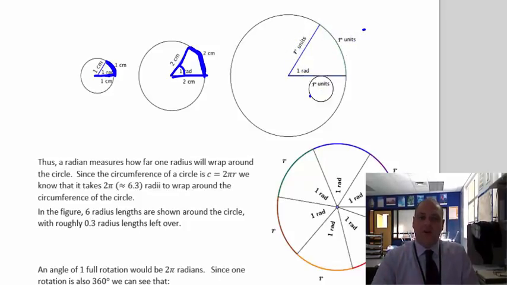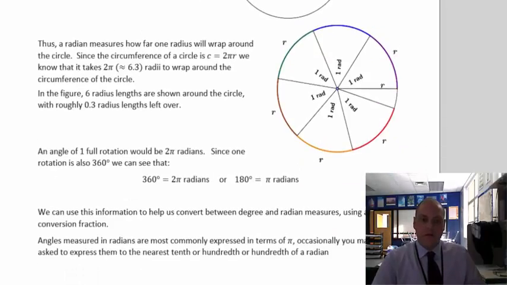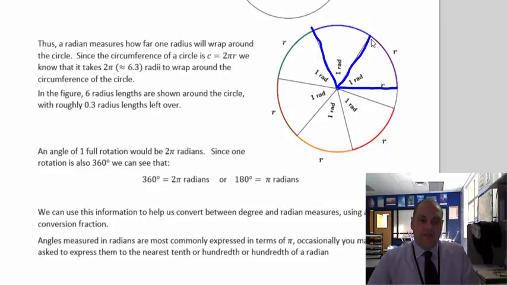So what's the measure of my angle here? 1 radian. See how it says 1 rad? So what's 2 radians? Well, we're going to use this picture. If this length is r, and this length is r, and this curved length is r, and this length is r, and r could be any number.